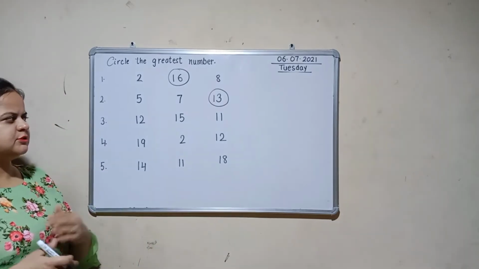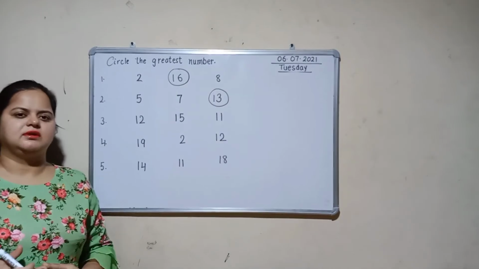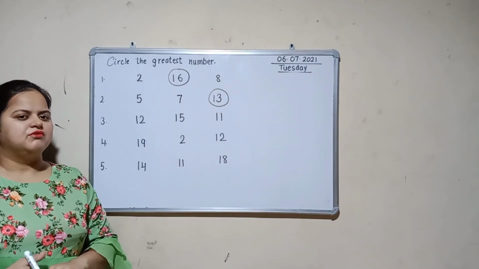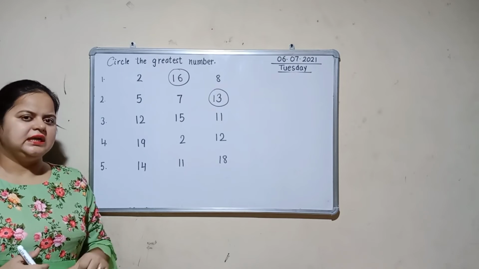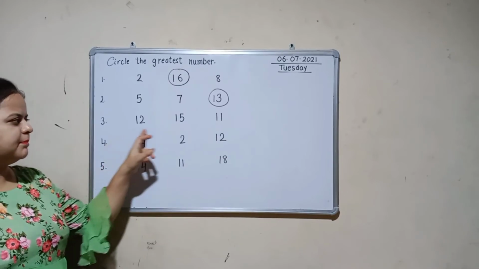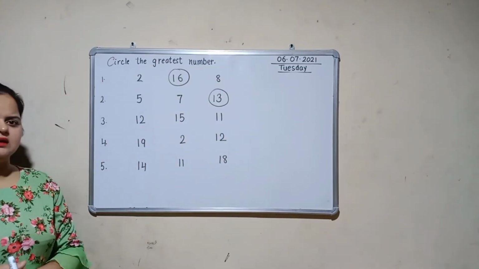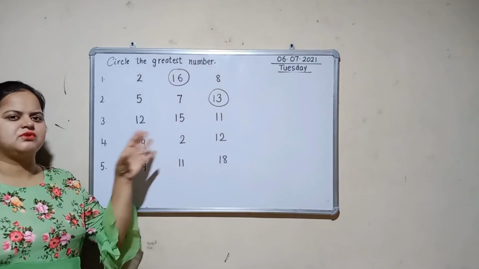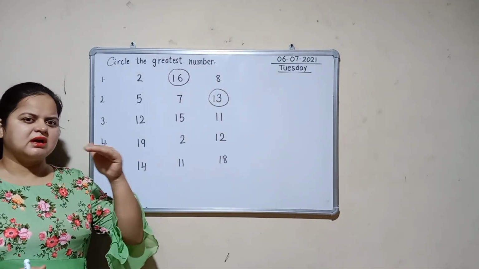So we will speak the counting from 11. 11, 12, 13, 14, 15, 16. Okay. Tell me which number comes first in this line? 11. So 11 is the smallest of these three, because 11 comes first.